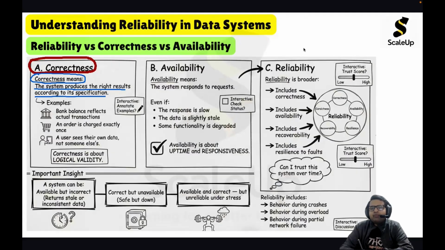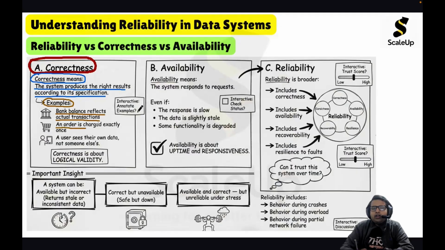If we look at some examples of correctness: the bank balance reflects actual transactions. In banking systems, correctness is very important, wherever the bank balance matches the transactions. Whatever credits and debits we are doing, the bank balance should match that.